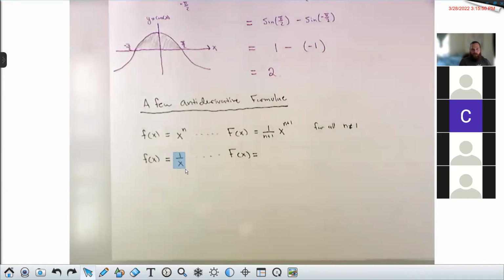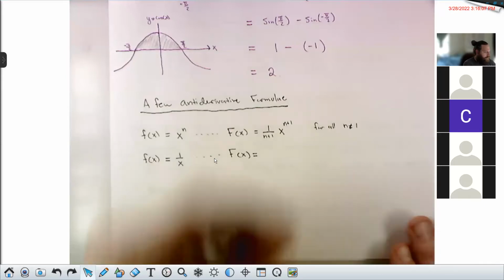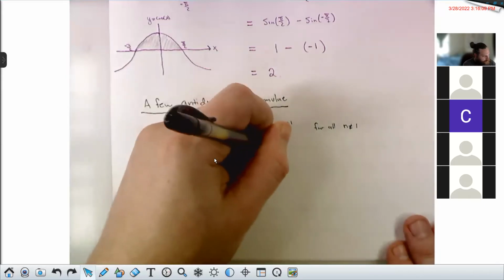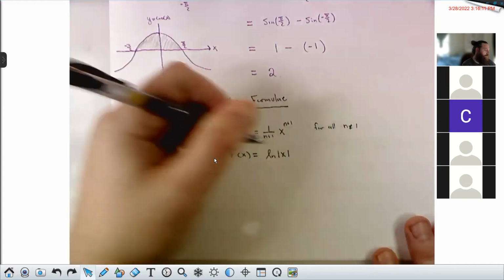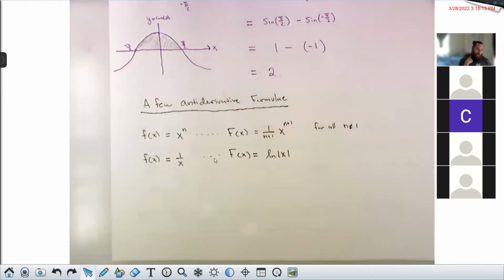What function, when I take its derivative, gives me 1 over x? ln? Yeah, the natural log of x. Now, it turns out that whether x is positive or negative, this will still work. You just need an absolute value inside the natural log.